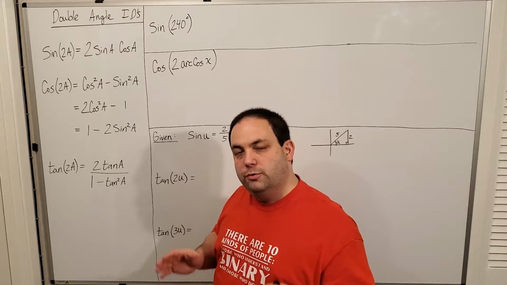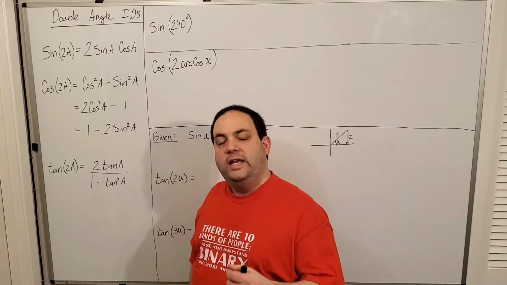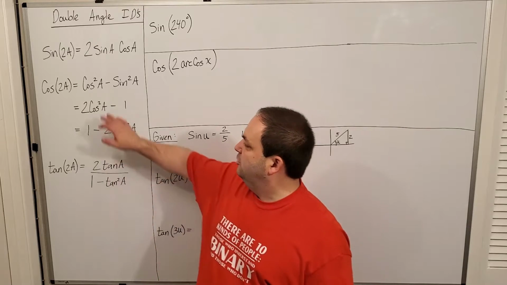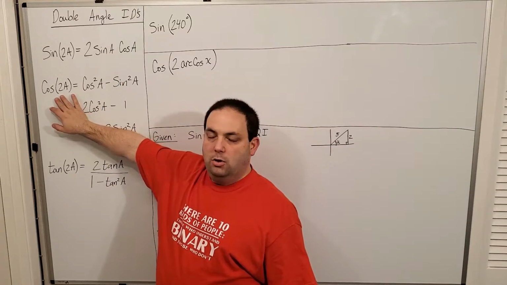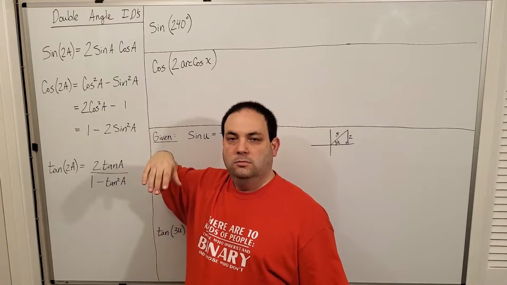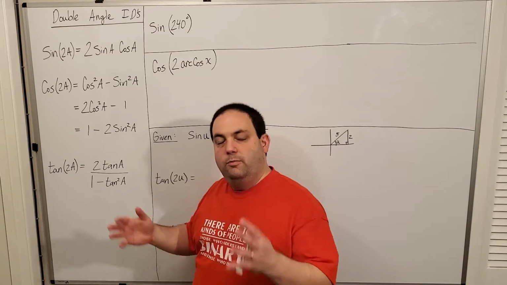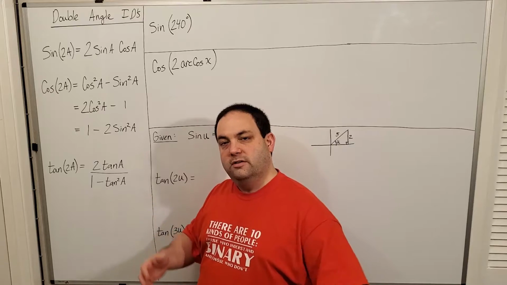They are 100% equivalent. It just depends on your situation as to what information you have at that time. Okay? So you can literally use any one of these 3 for the cosine of twice an angle. Okay? It doesn't matter which one you use. Personal choice depending on how much work you may see one causing versus another.